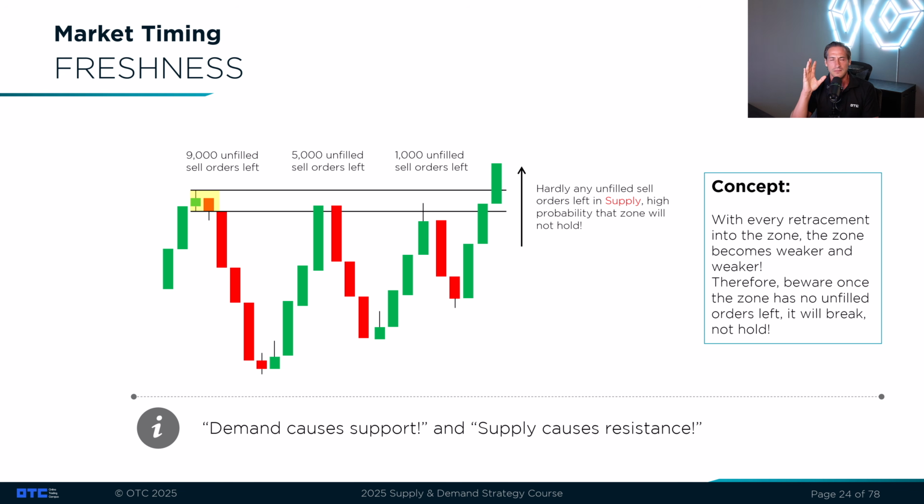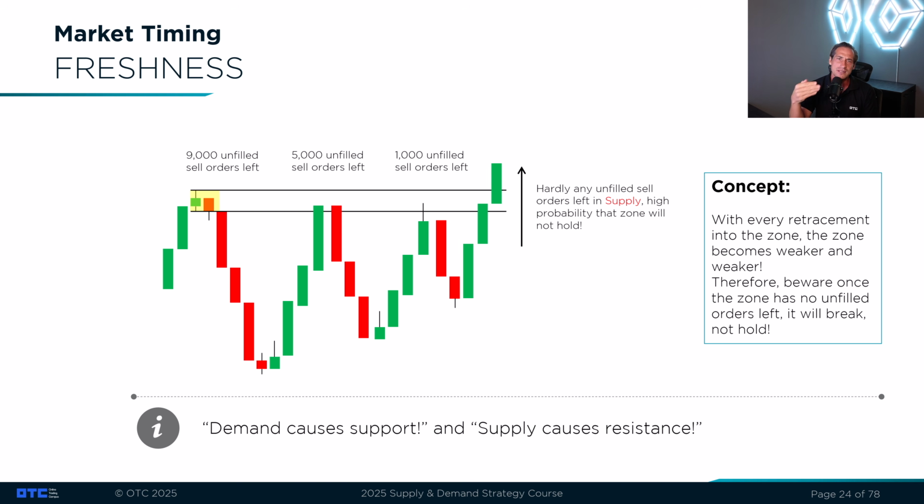Now, to evaluate freshness of a zone, you need to ask yourself one simple question. Has the price already touched this zone? Now, why is this so important? The concept of supply and demand makes it clear. The more often a zone is touched, the weaker it becomes. Why?